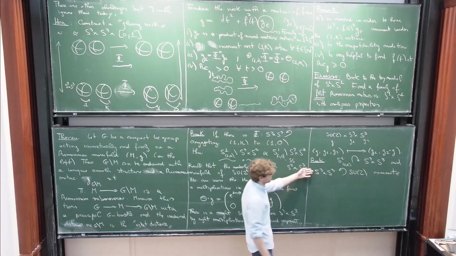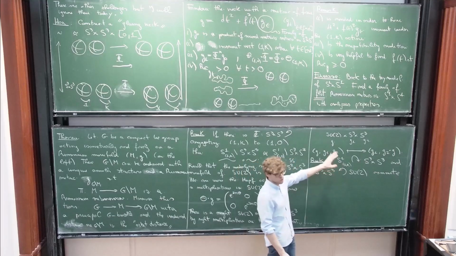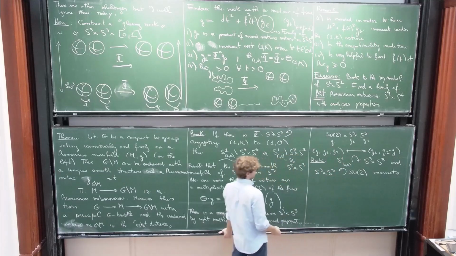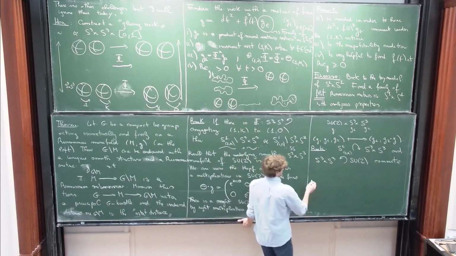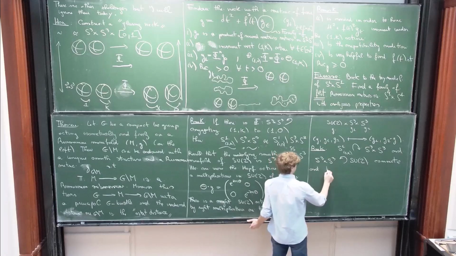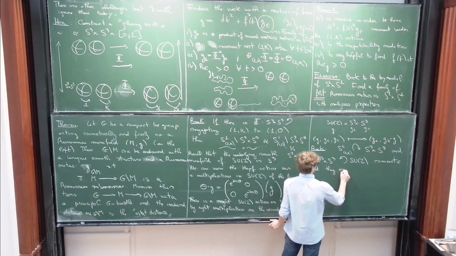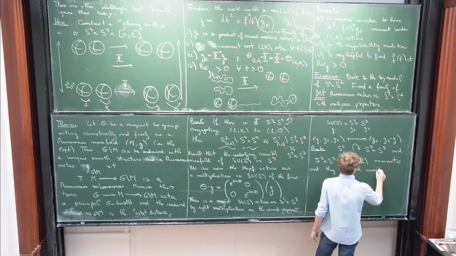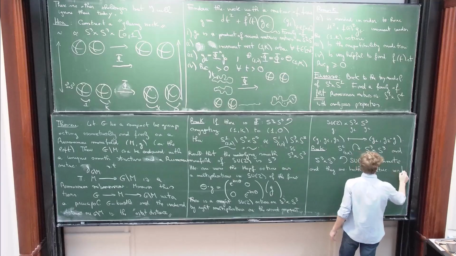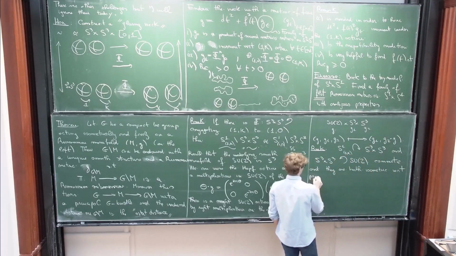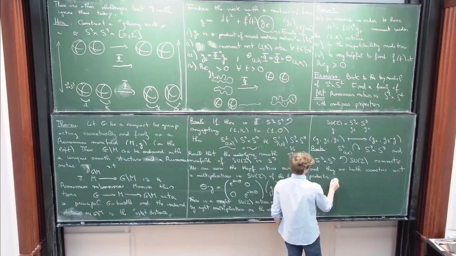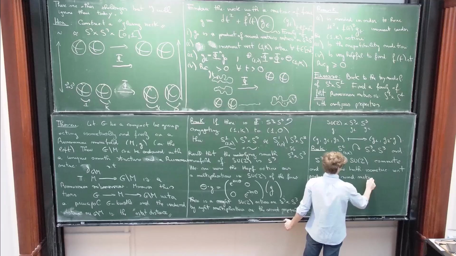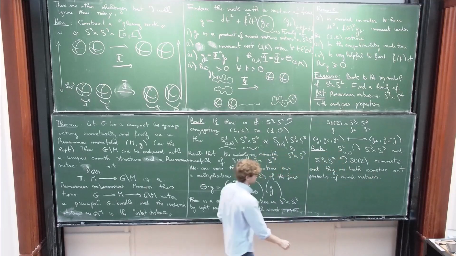This is obvious. On one end I'm doing multiplications on the left, on the other end I'm doing multiplications on the right, and it's clear that they do commute. And they are both isometric with respect to the product of round metrics.